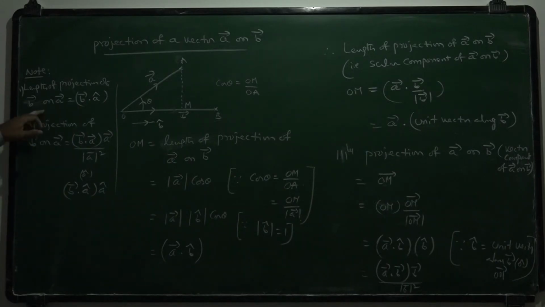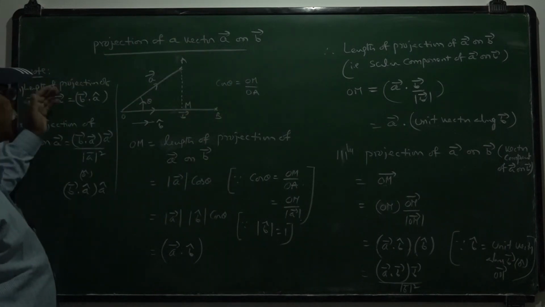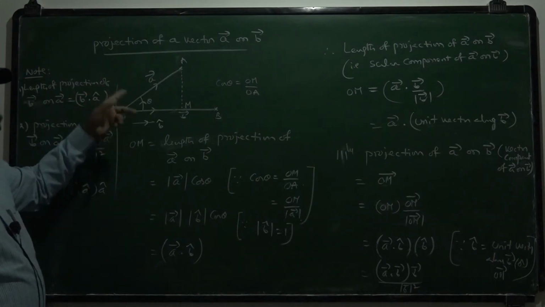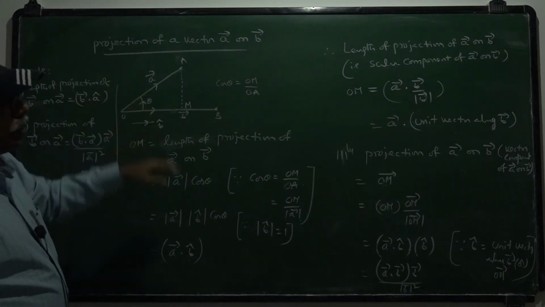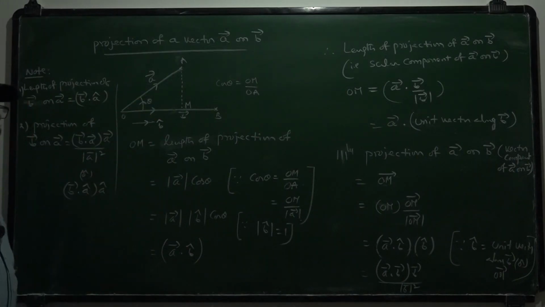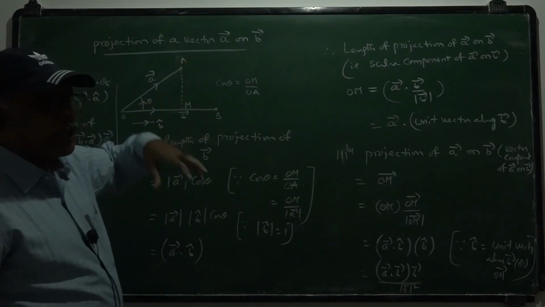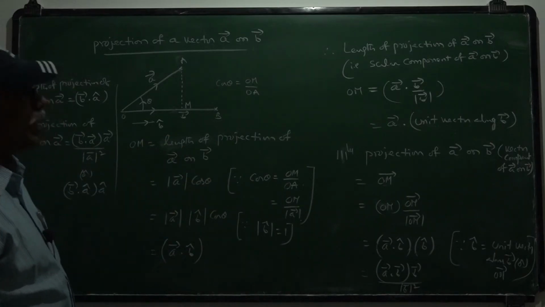This is different from this one. This is the projection of A bar on B bar, but this is the projection of B bar on A bar. I am interchanging the positions of both A and B here. So, you should observe, while finding the projection of one vector on another, whose projection is needed and on which vector the projection is needed.